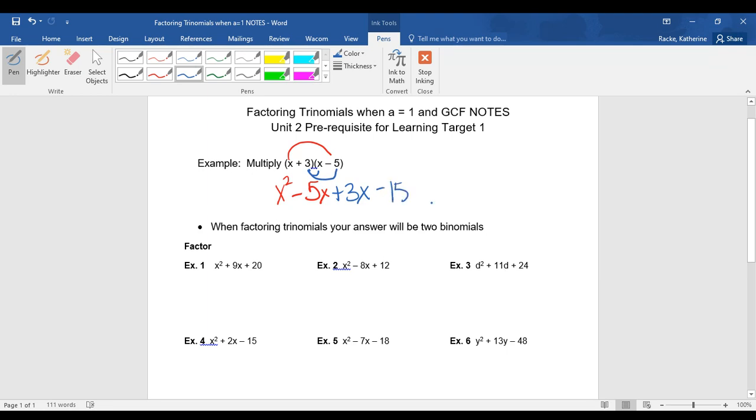After that, you'll just want to combine like terms. The only like terms here are negative 5x and positive 3x. So we still have our x squared, negative 5 plus 3 gives us a negative 2x, and then minus 15.